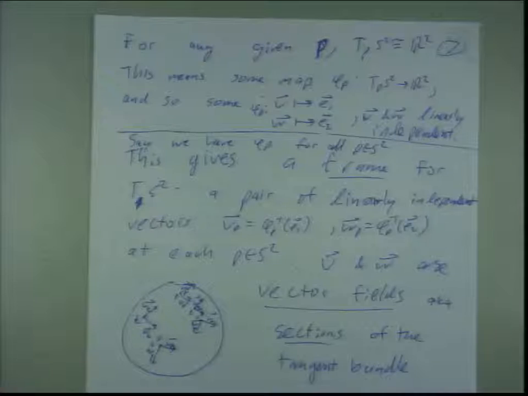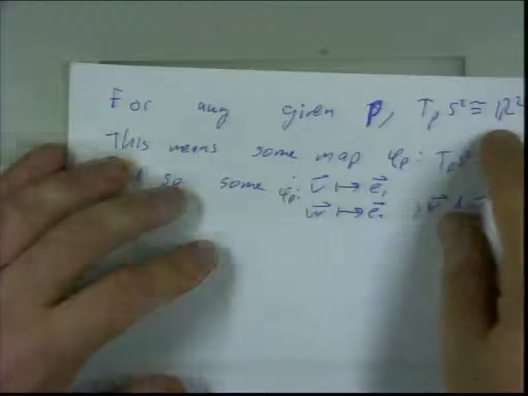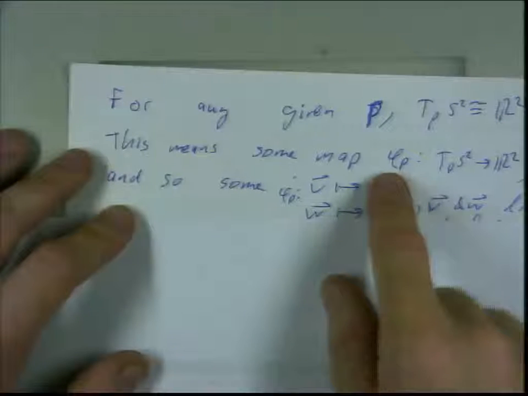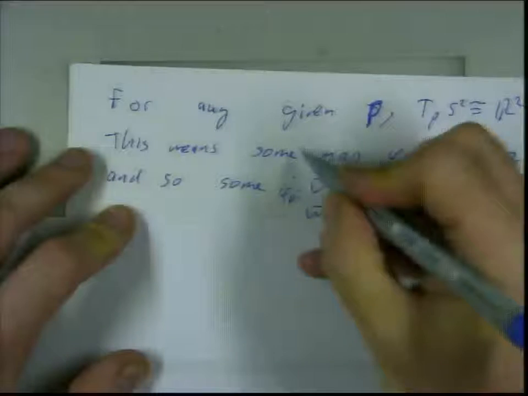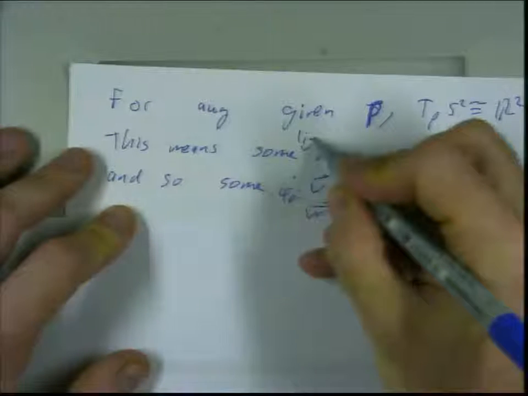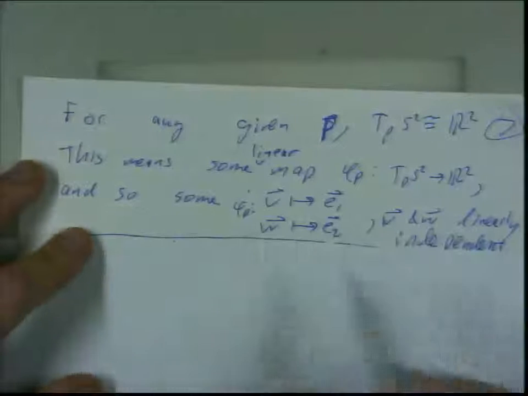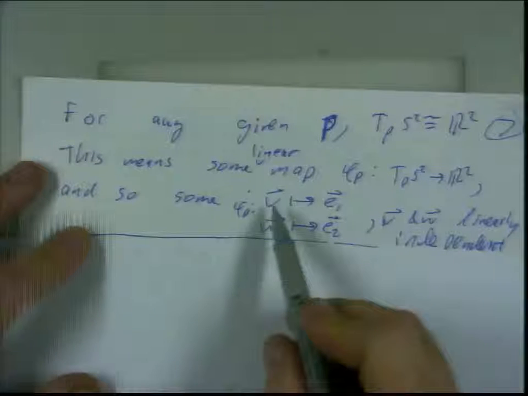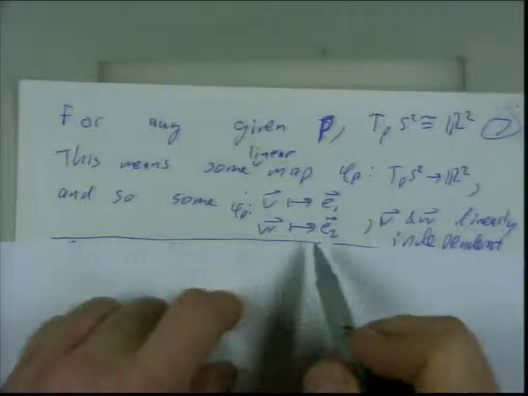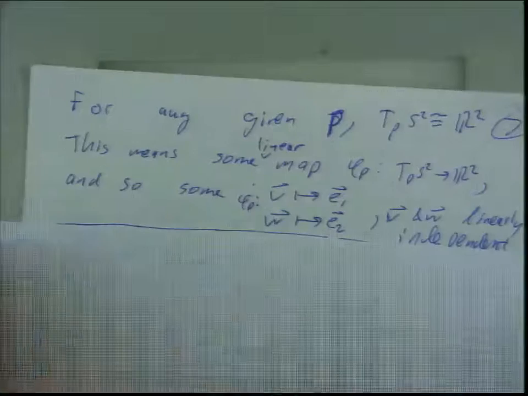So for any given point P, as I said, we can identify the tangent space to the sphere at P with R2. That means we've got some linear map, phi sub P, that sends this tangent space to R2. Say it sends some vector, which means that some vector will go to E1, some vector will go to E2. Right? Or you could say that V is equal to phi P inverse of E1, if you like.